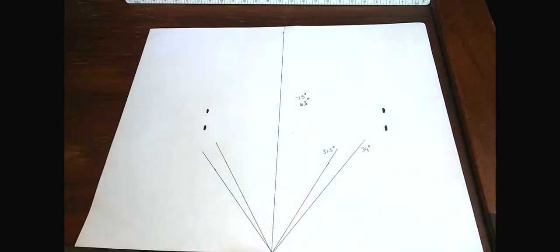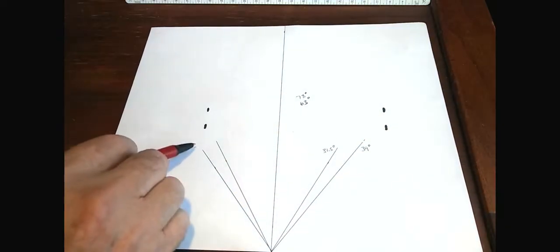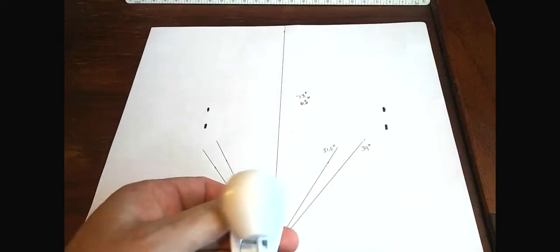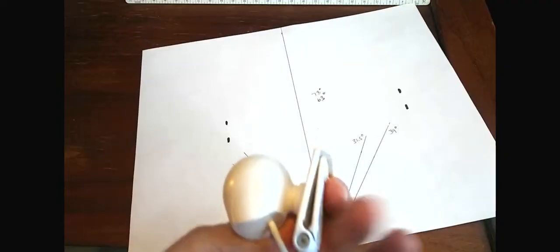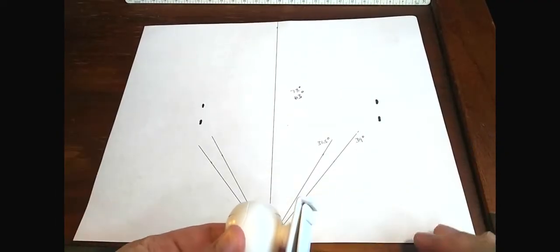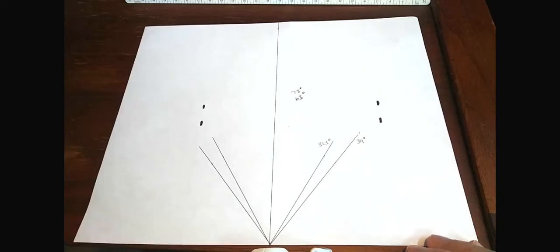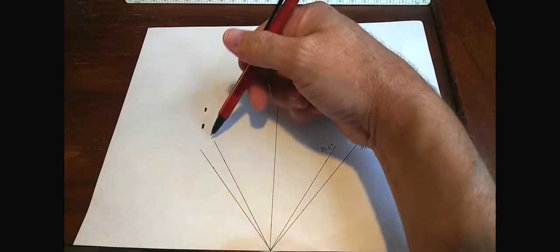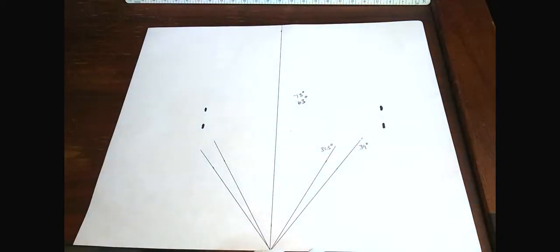Then I went over to this side, same thing, as far as I could see, I made a mark. Then I turned the camera and did it again to get the y-axis. I lined it up and made a mark, just as far out as I could see.